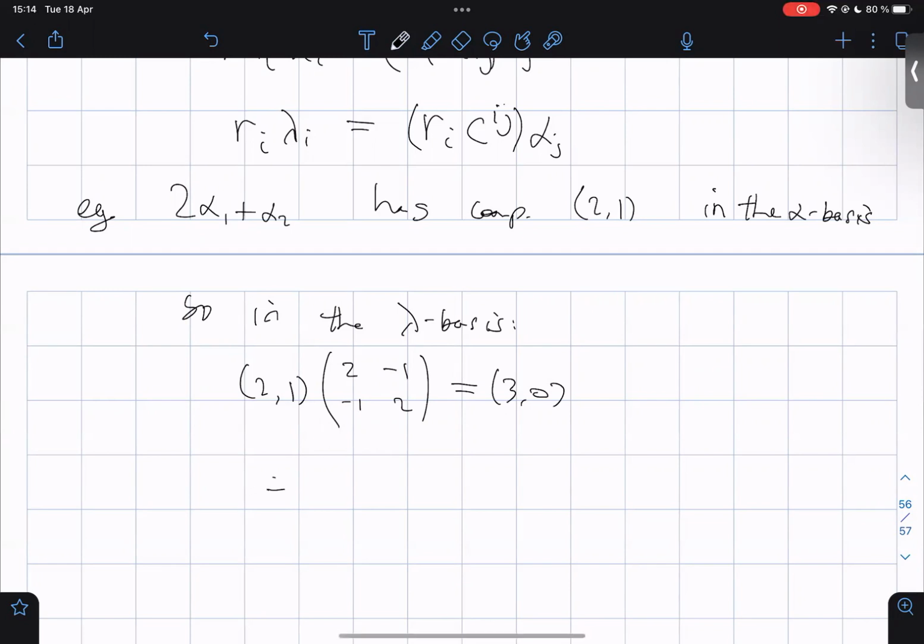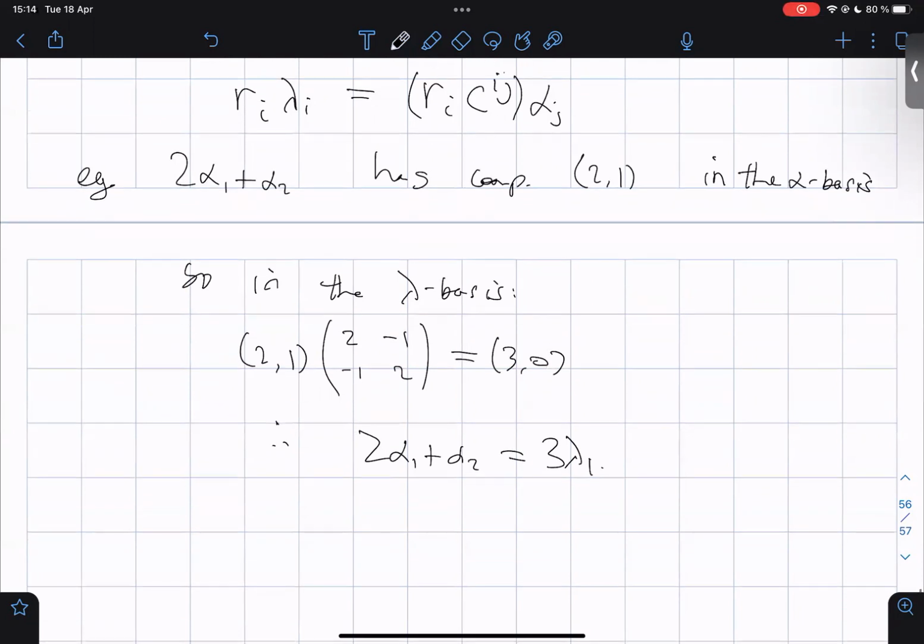So therefore, 2 alpha 1 plus alpha 2 is 3 lambda 1. All right, so a little bit of linear algebra there, different bases. I haven't shown you what we're going to use these fundamental weights for, but it will be related to these standard and dual standard representations.